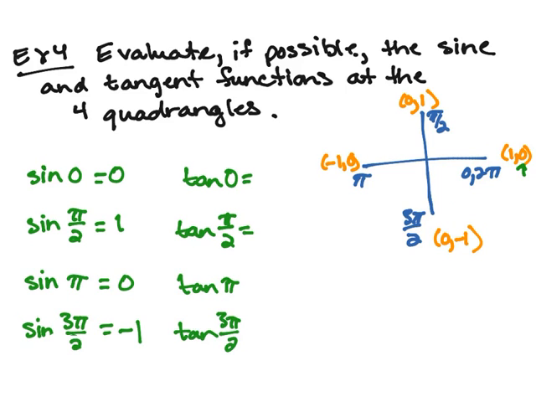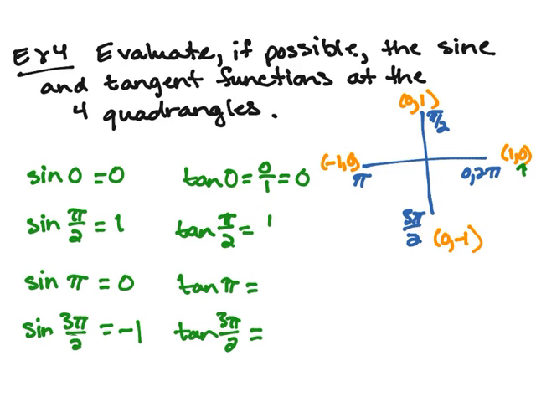Okay, now this is where in the question they said, if possible. What is not possible is when we're undefined, when we divide by 0, and that's going to happen with tangent. Tangent of 0, tangent is sine over cosine. So we get 0 over 1. Well, 0 divided by a number is just 0.